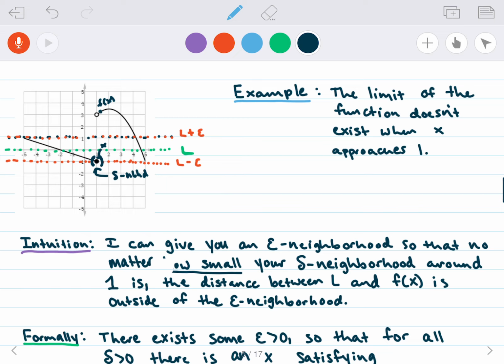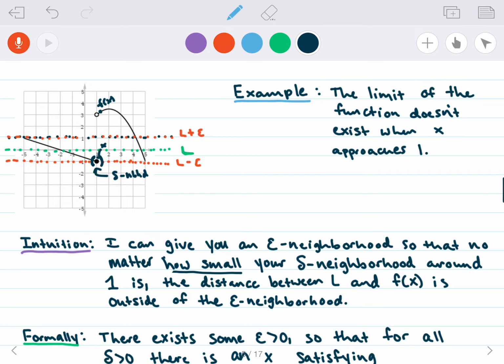Okay, and we can see that the definition immediately is going to fall through, right? Because what we have here is a delta neighborhood, and we can make it arbitrarily small, centered at 1.